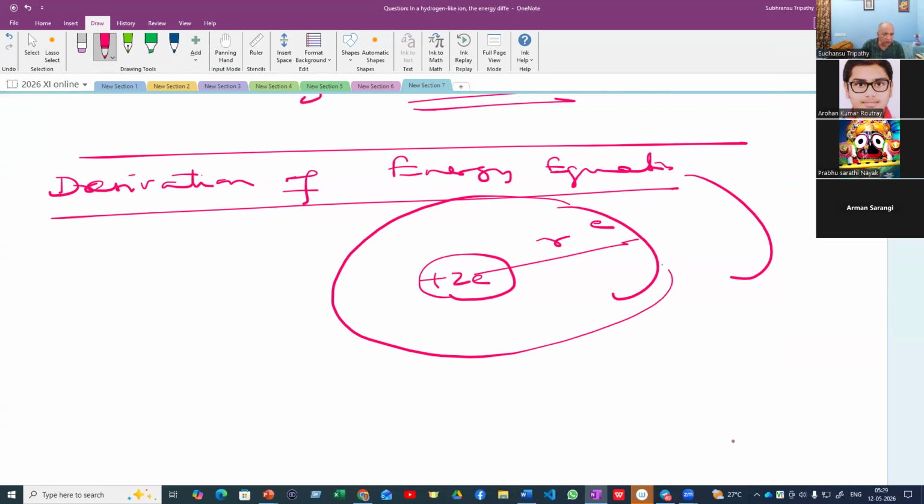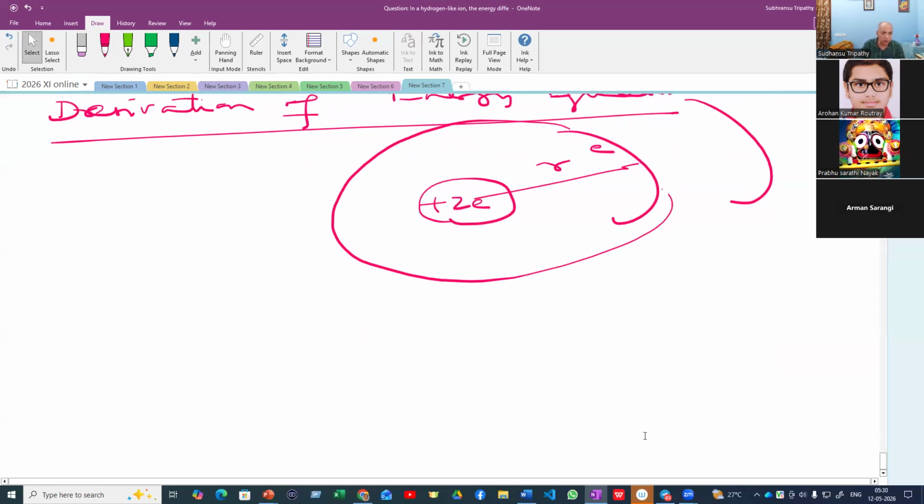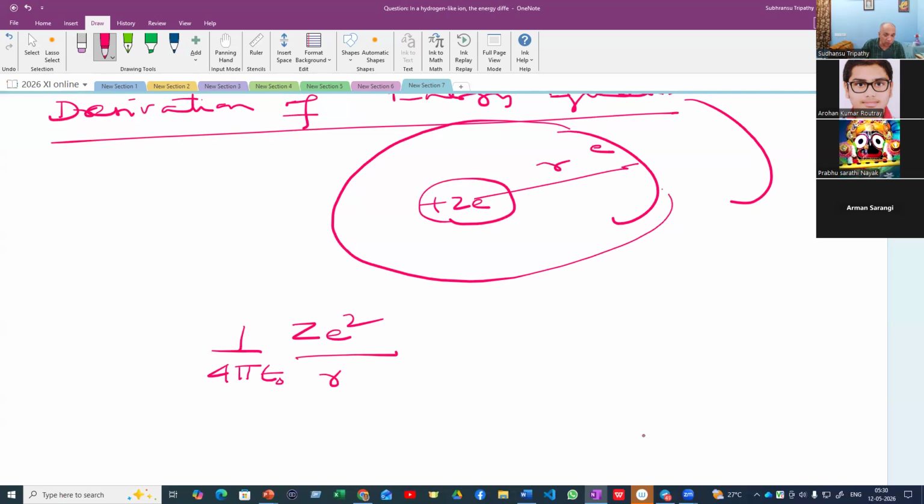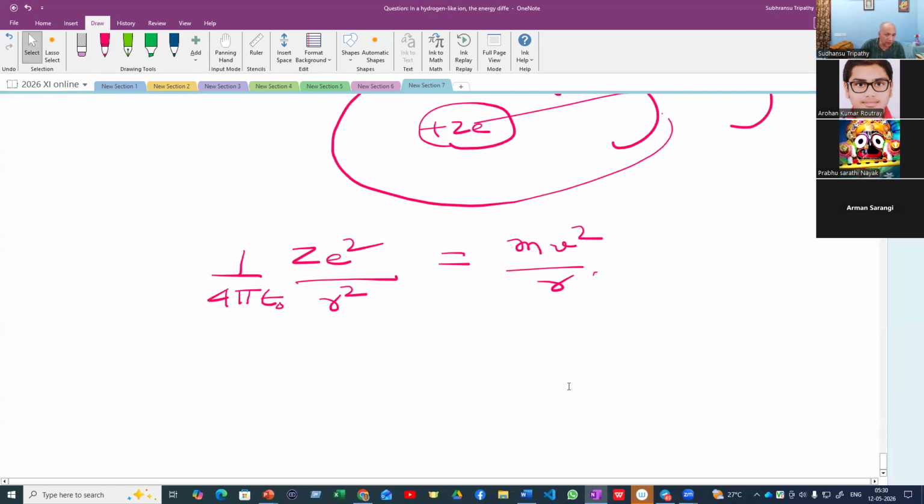And we equated the centripetal force with the centrifugal force. The centripetal force is the Coulombic force of attraction, 1 by 4 pi epsilon naught, Ze into e, the protonic charge and the electronic charge, Ze square by r square. This is Coulomb's law. And we equated it to the centrifugal force, mv square by r. This is for all centrifugal force, whether it is attracted by any electric field, magnetic field or gravitational field.